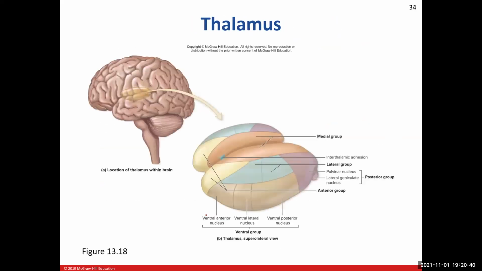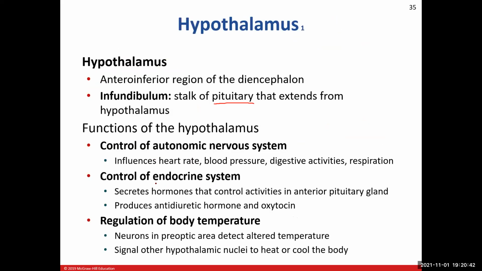So the hypothalamus plays a big role in controlling the endocrine system. It's going to influence the anterior pituitary gland to secrete hormones that are going to have some effects somewhere in the body. Now, keep in mind, the hypothalamus makes two hormones that it stores in the posterior pituitary gland.